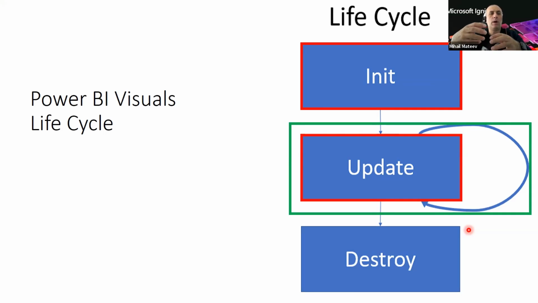Every time when we have additional request against Power BI service, we have update and we can add our code into update method to parse our data, to make some data processing and some specific visualization. And in the end of the life cycle, we have destroy.